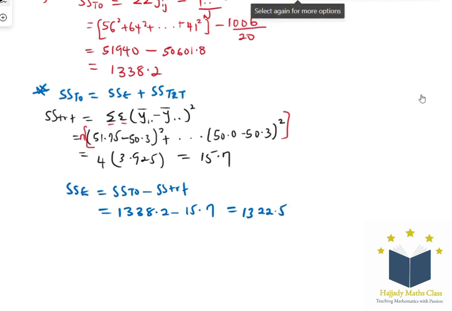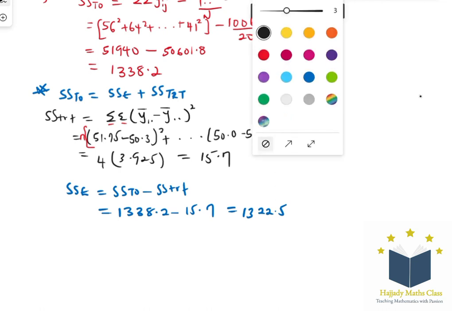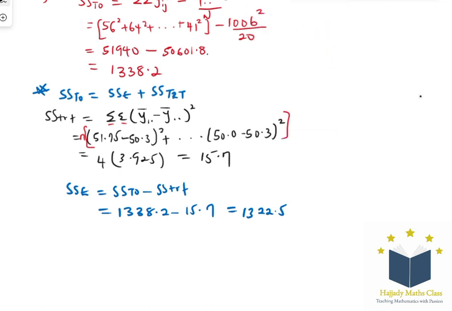Before I proceed, like I said earlier on, there's an alternative way of calculating SS treatments. The alternative approach is using this formula, which is SS treatment equals 1 over n, summation y_i dot squared, minus the correction factor. And this is just going to be 1 over 4, y_i dot squared.